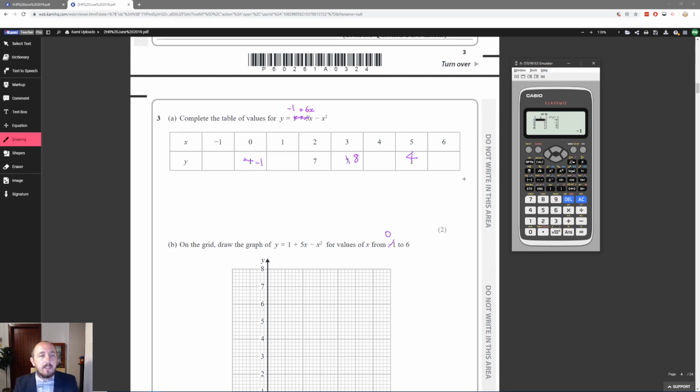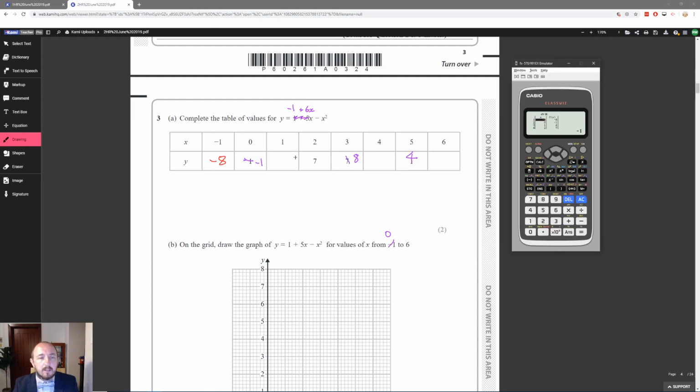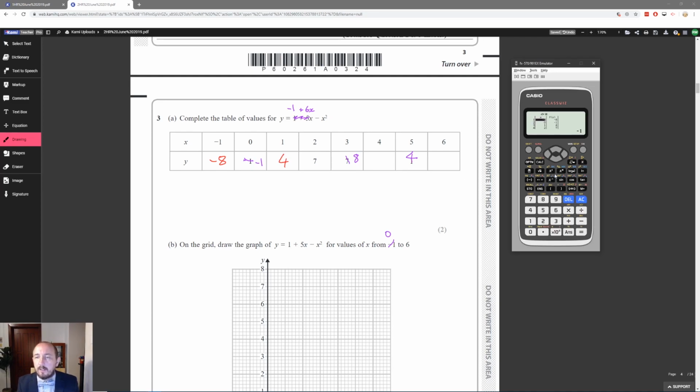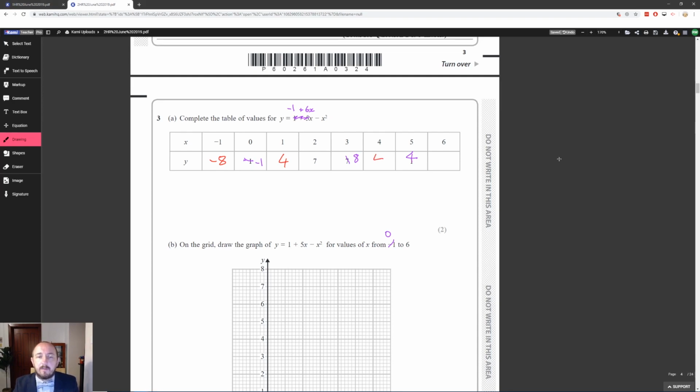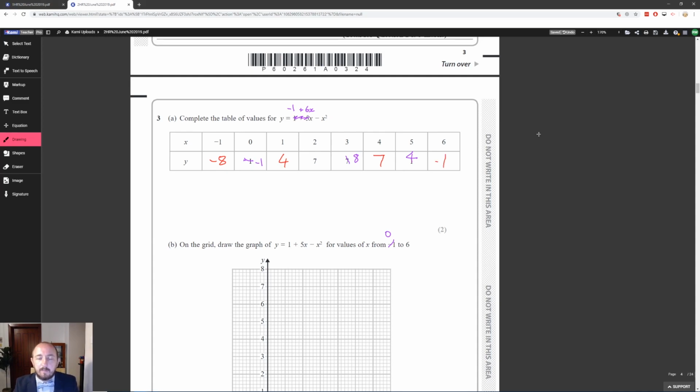So -1 is -8, then 0 is -1, 1 is 4, then we've got 7 for 2, 3 is 8, that's correct, 4 is 7 again, and 5 is 4, and then 6 is -1.